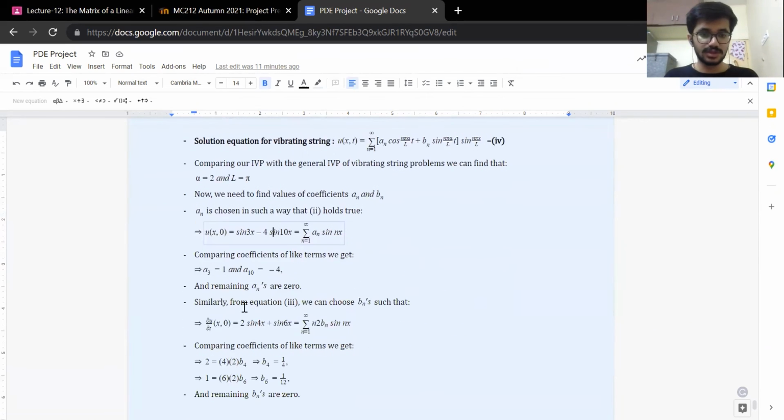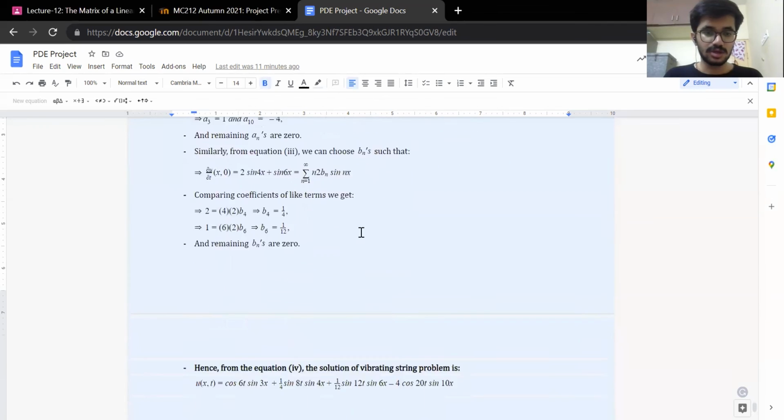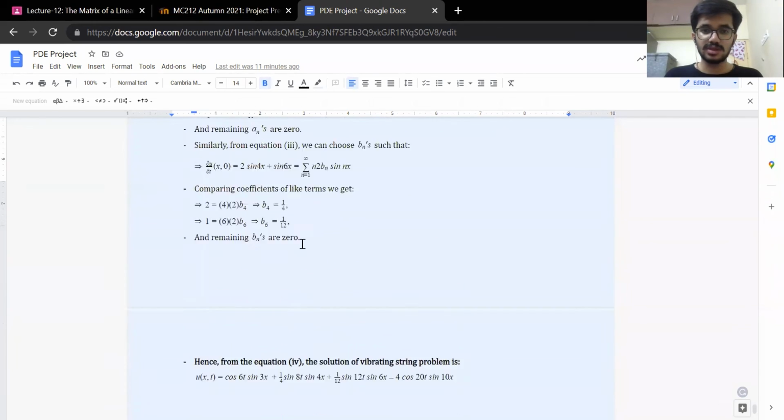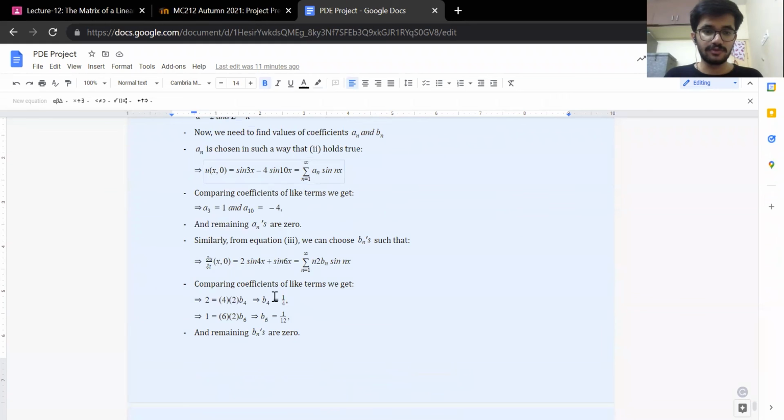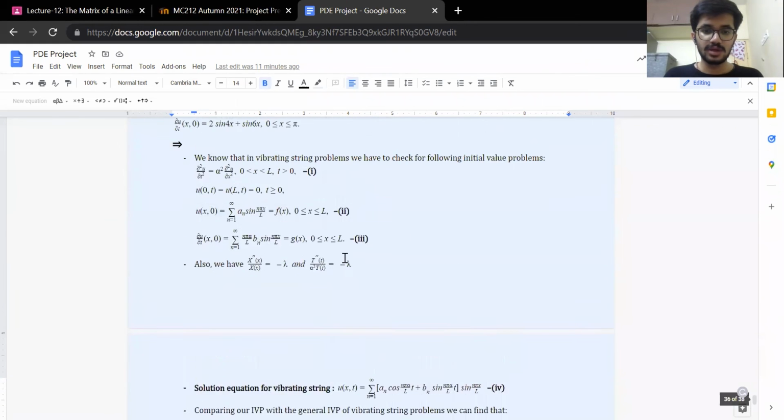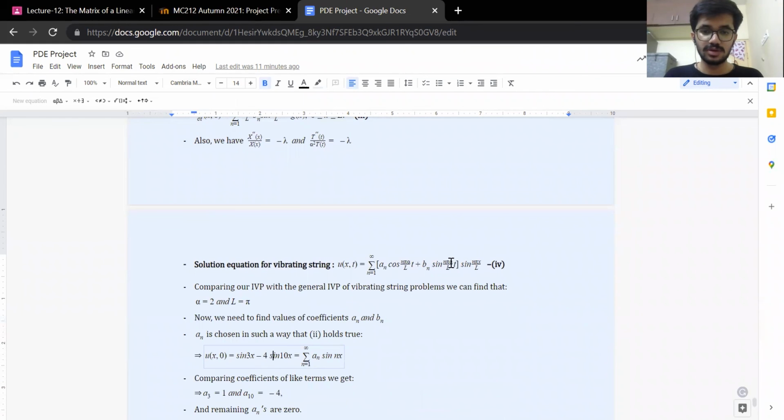So we'll start with a3. A3 will be 1, b part would be 0. So 1 cos nαt, n is 3, alpha is 2, so cos 6t and sin 3x. So cos 6t sin 3x. Similarly for b4, a would be 0, b4 sin 4 times alpha, which was 2.